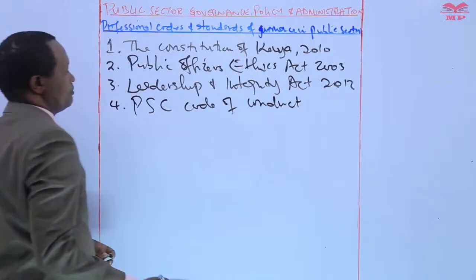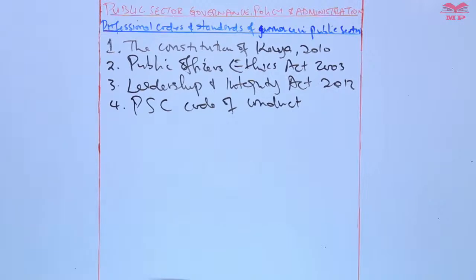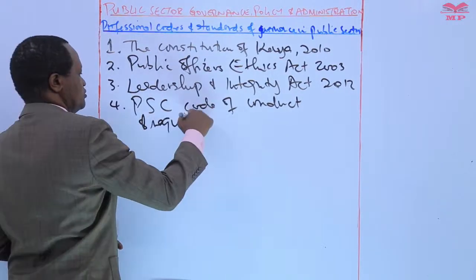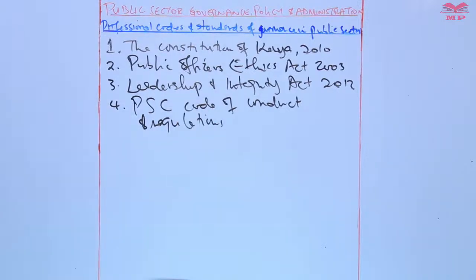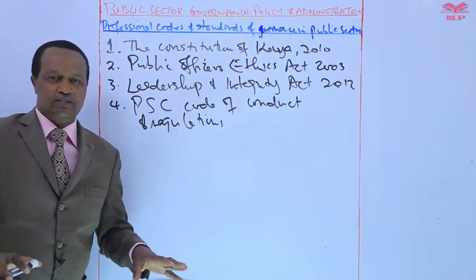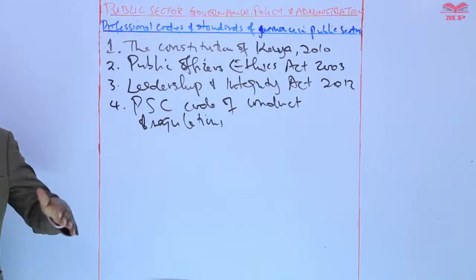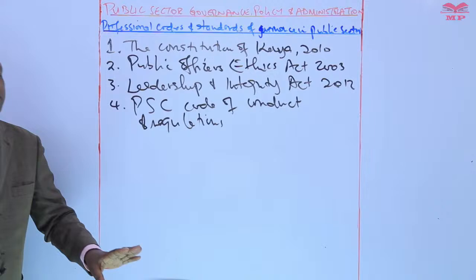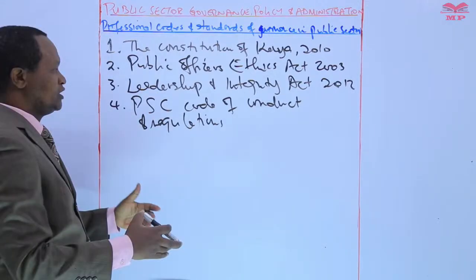The Public Service Commission Code of Conduct and Regulations has been developed, and it outlines the standards of conduct for public servants. It gives the details, all right? And it covers areas such as discipline, performance management, conflict of interest, and so on.